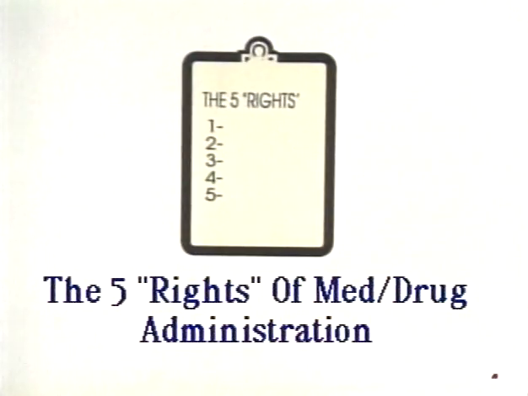Let's go to C and talk about the 5 right things that are involved in medication administration. The rules for giving meds are the same. It doesn't matter if I give them, or if a nurse gives them, or if a physician gives them, or if a non-medically licensed staff member gives them. You always use the same approach and the same steps.